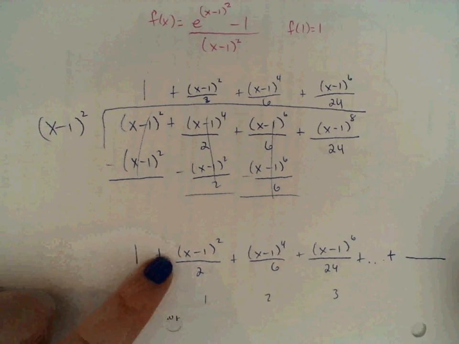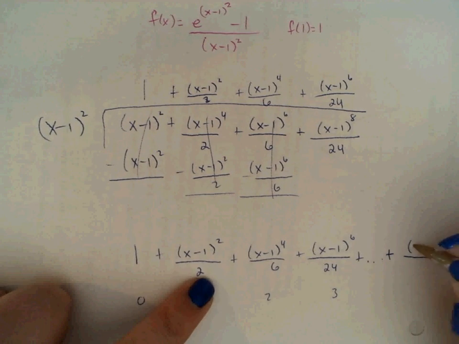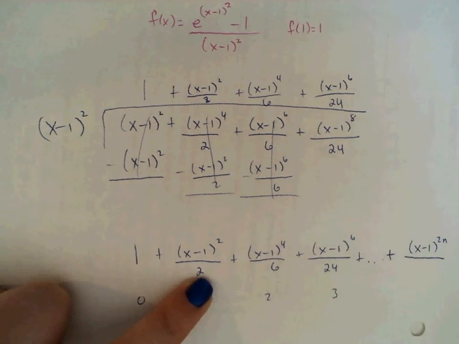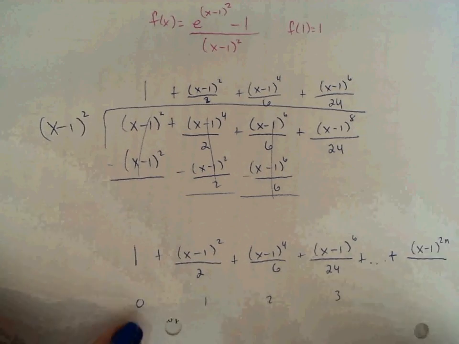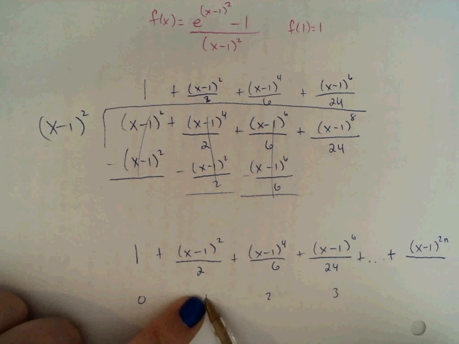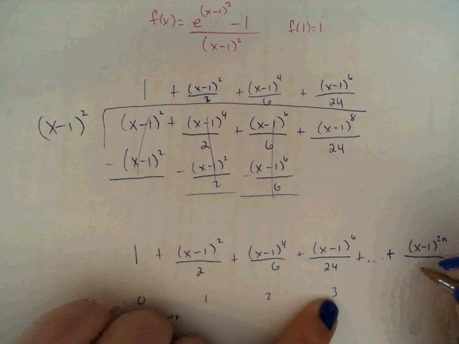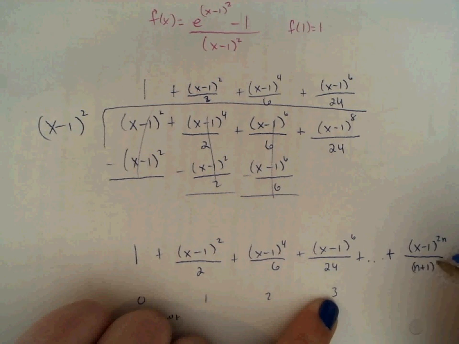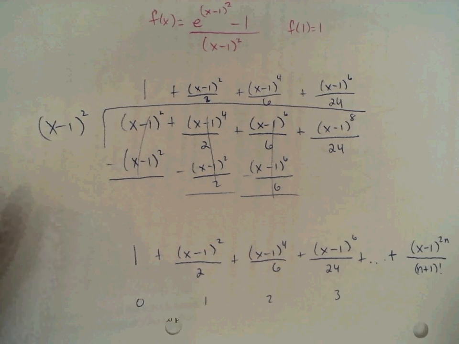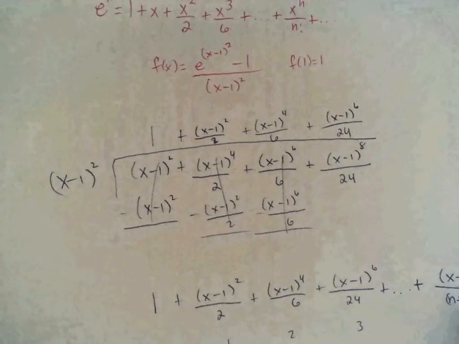So if this is a 0, 1, 2, 3, we can see that it's x minus 1 to the double of the number of terms, so x minus 1 to the 2n, right? Divided by, and it looks like the denominator is just, so this is 1, this is 2 factorial, this is 2, this is 3 factorial, this is 3, this is 4 factorial. So it's the n plus 1 factorial in the denominator. And then plus and so on. Okay.